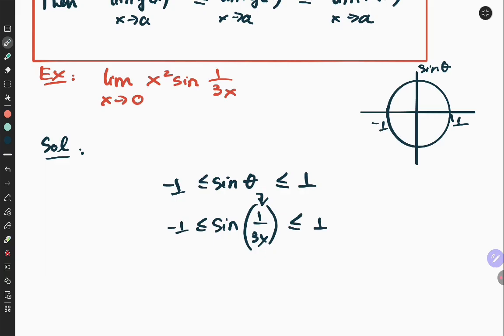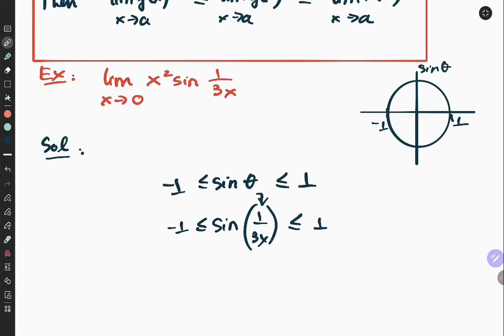We try to mimic the one at the top over there. This is the one in question. Right now we have sine between negative 1 and 1. We need this one, and the missing piece is x squared. So how about we multiply x squared on all three sides?